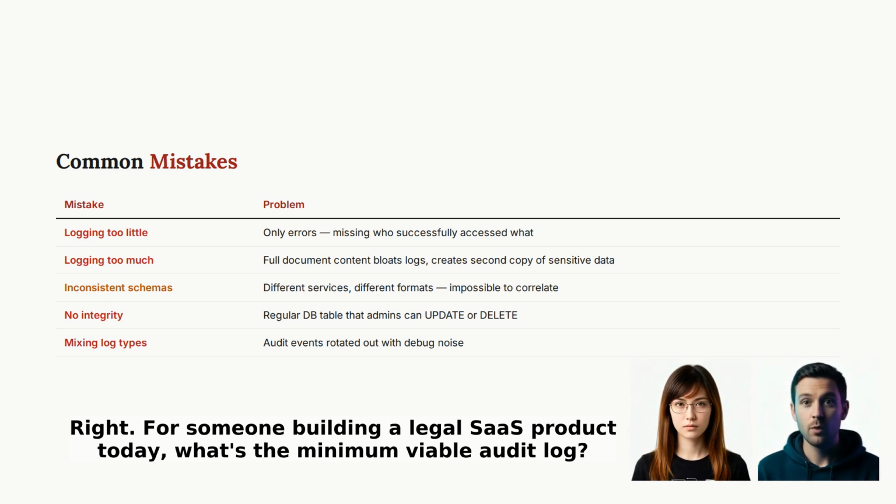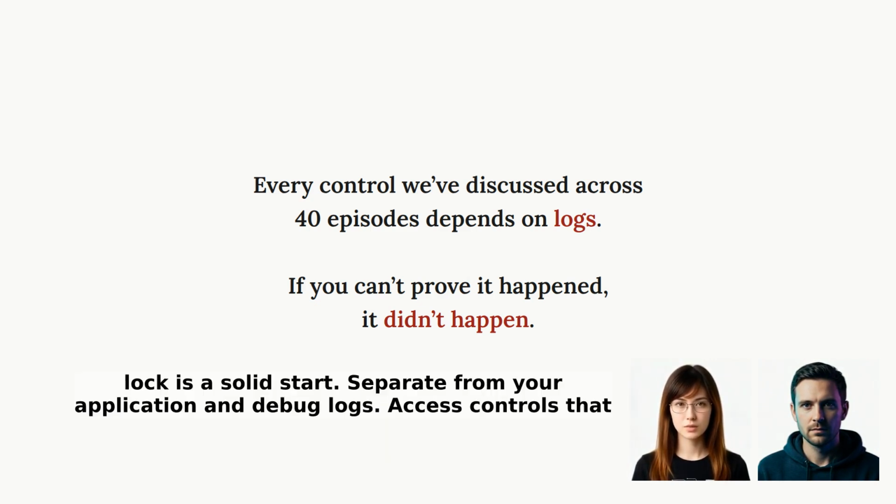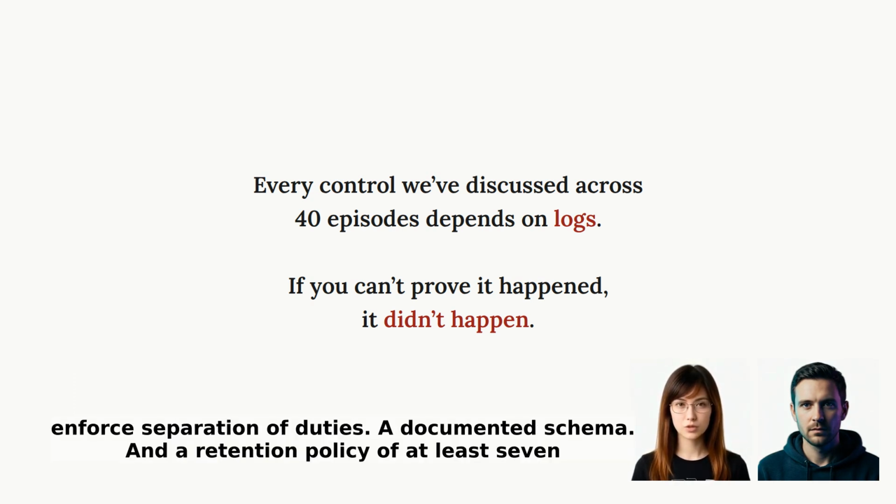Right. For someone building a legal SaaS product today, what's the minimum viable audit log? Structured JSON entries with the 6 Ws. Append-only storage. Even just S3 with object lock is a solid start, separate from your application and debug logs. Access controls that enforce separation of duties.